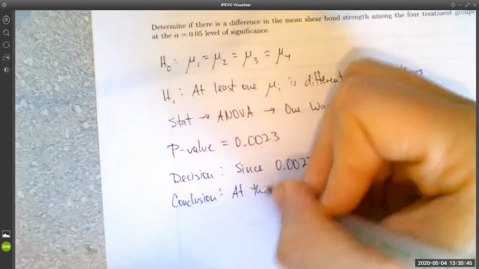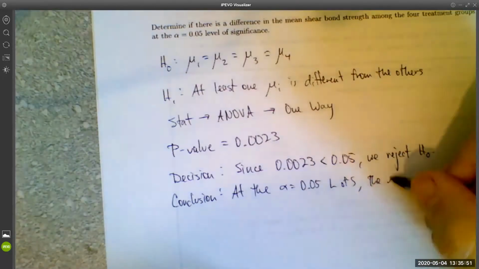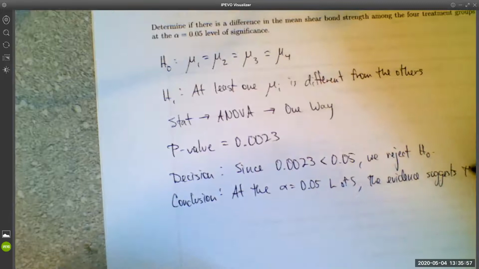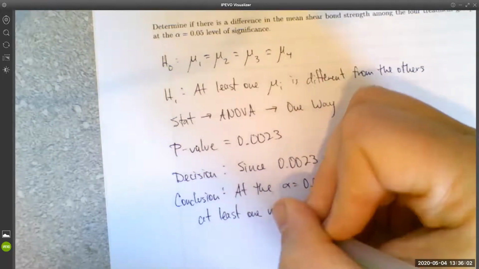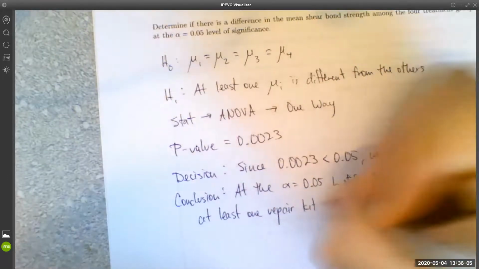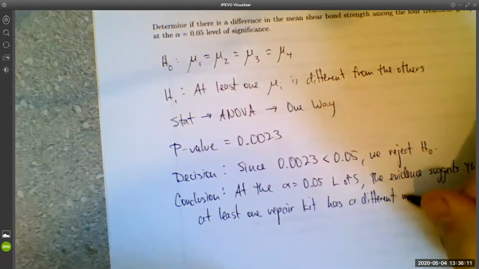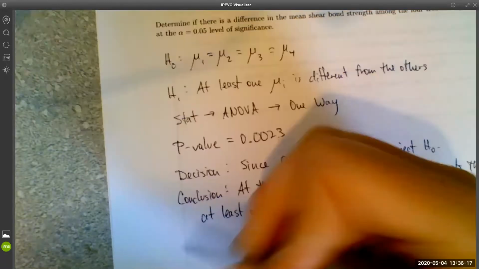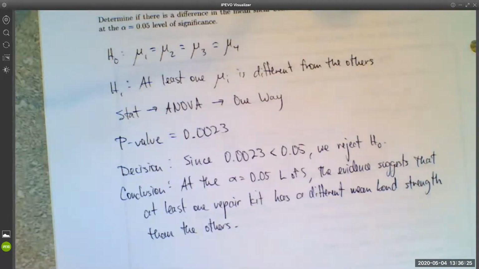So, at the 0.05 level of significance, the evidence suggests that at least one repair kit has a different mean bond strength than the others. Okay? And that's it.